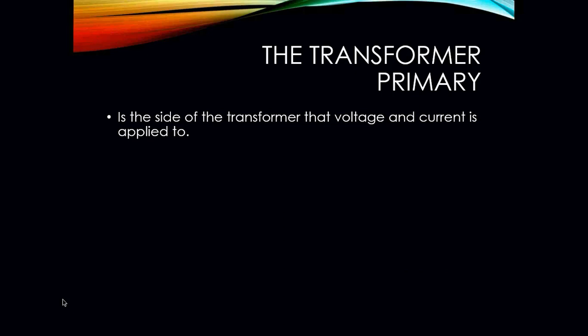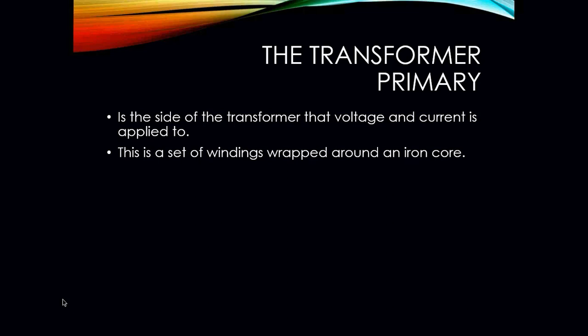So the primary side of the transformer is the side of the transformer that voltage and current is applied to. And it is the set of windings that is wrapped around the iron core. We've discussed relays in a previous presentation on how when I apply electricity to an iron core, I generate magnetism.